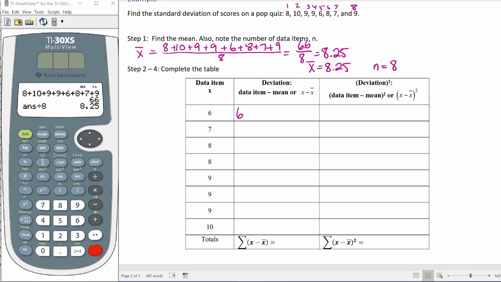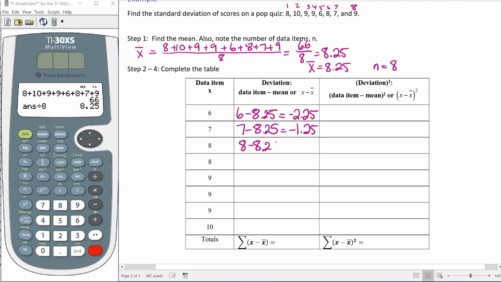So my data item is 6, and I'm going to subtract 8.25 from that, and get negative 2.25. 7 minus 8.25 is negative 1.25. 8 minus 8.25 is negative 0.25. 8 minus 8.25, wait a minute, I just did that, didn't I?